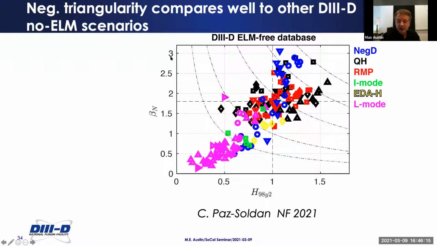And you can see in this plot of normalized beta versus confinement factor that negative triangularity does very well when compared to these, particularly, not as good as quiescent H mode, but certainly better than I mode and EDA H mode, for example. And this, by the way, is from a paper by Carlos Paz-Soldan, where he looks at the various ELM-free cases in D3D.